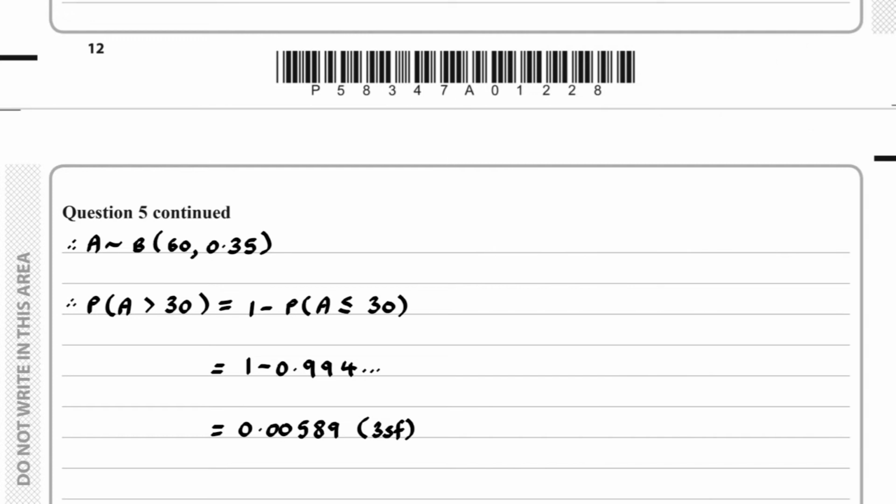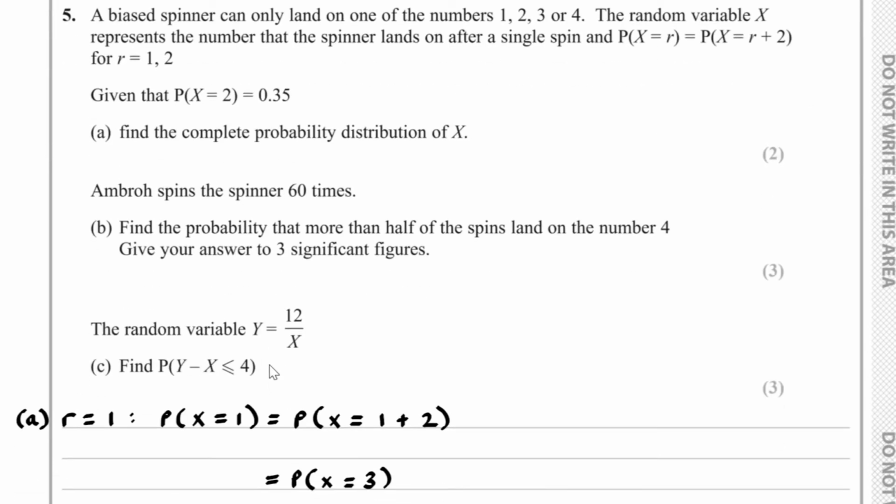Now, for part C of the question, the random variable Y is equal to 12 over X, we have to find the probability that Y minus X is less than or equal to 4.